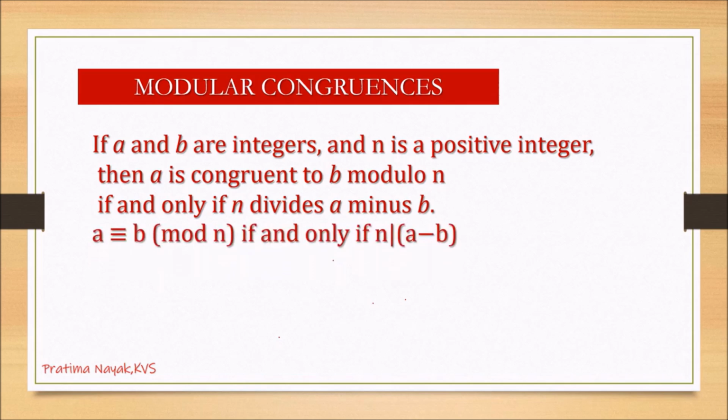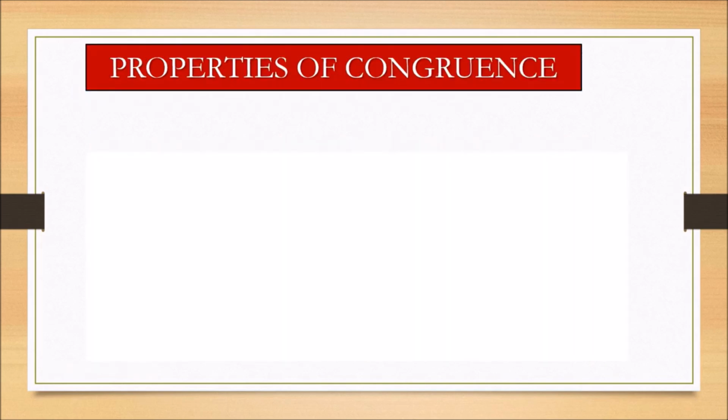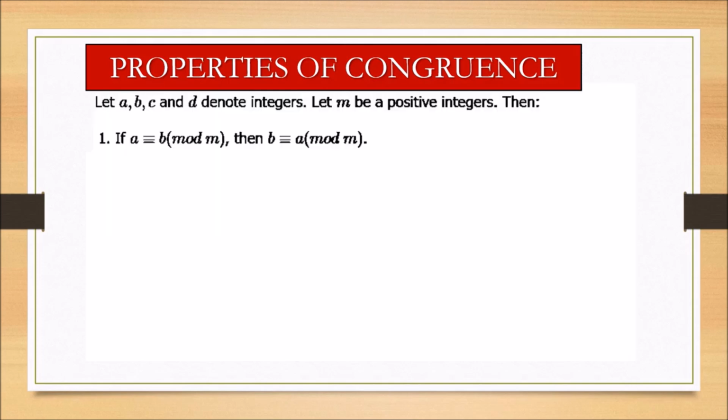So this is the symbol a congruent b modulo n if and only if n divides a minus b. Now let us see what properties we can use for congruences to find the residue.